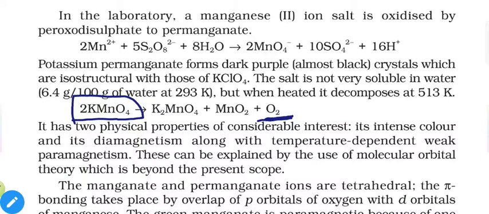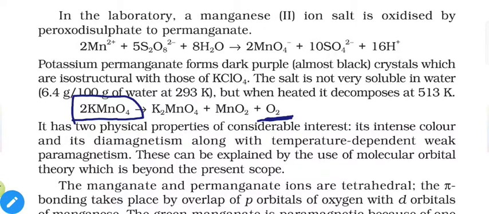When you add a very small amount in water, you will notice the color of the water is very intense, even in a very small amount. Similarly, normally it is diamagnetic, but with changing temperature it shows weak paramagnetism.